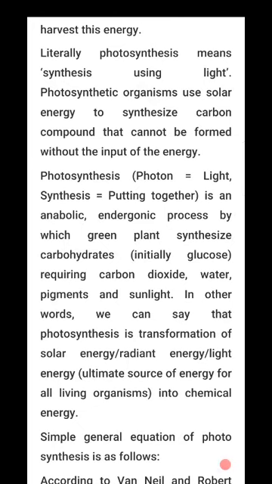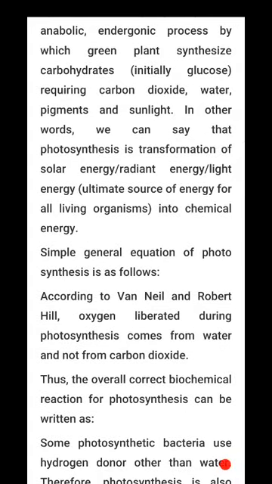That is, only the conversion of energy is carried out. The light energy is converted into chemical energy, and that chemical energy is stored in the form of food, or in the form of carbohydrate like glucose.